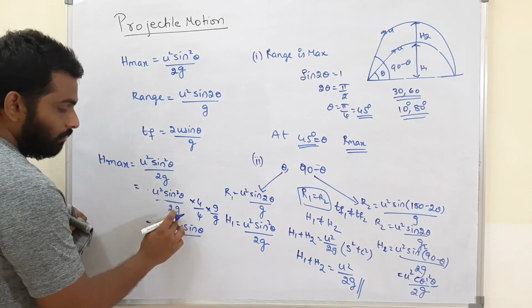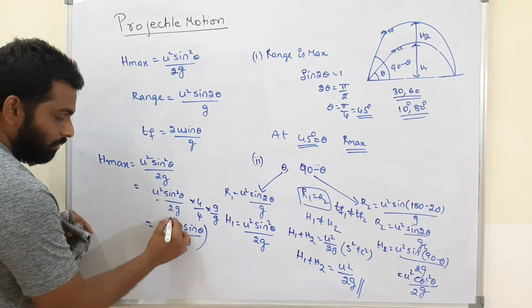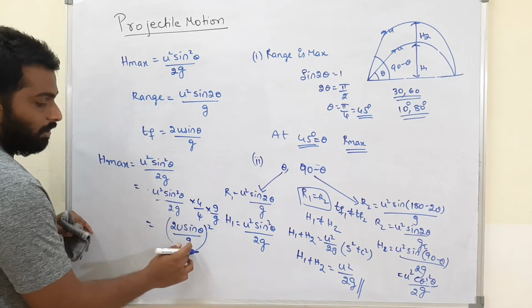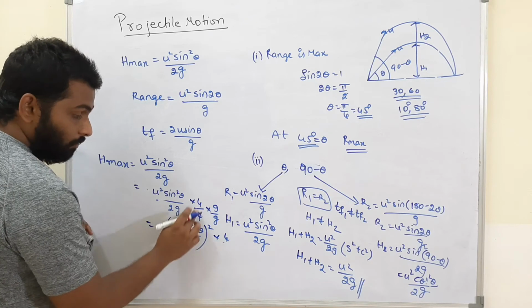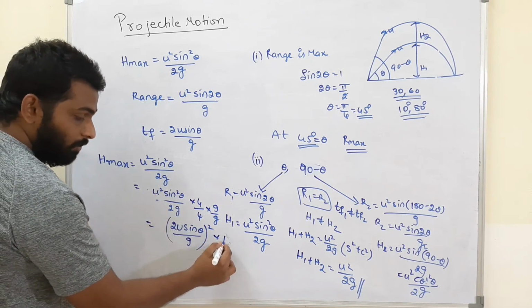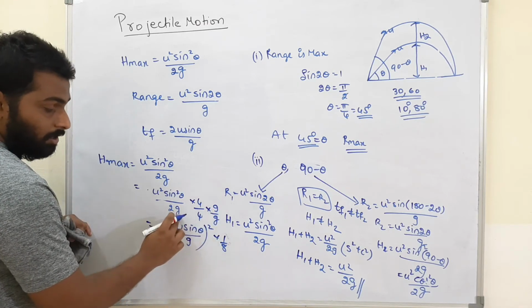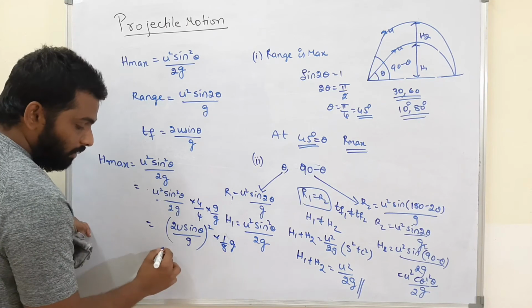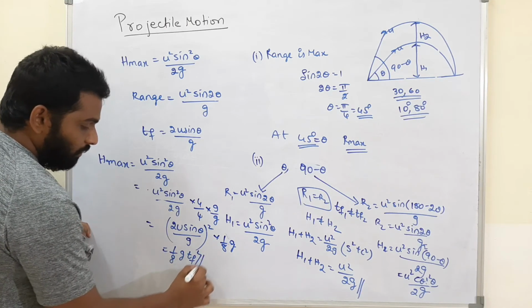Okay. Now this g will come here. What you will get? g square. This is 2u sine theta by g whole square into 4. The 4 I brought here. Therefore 1 by 8 into g. Therefore what I can write? 1 by 8 g time of flight whole square.